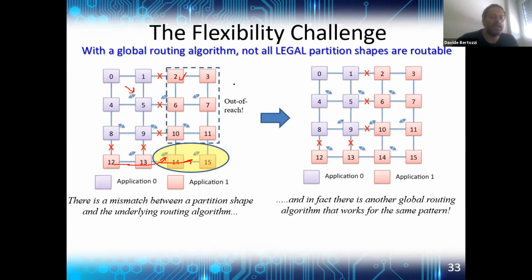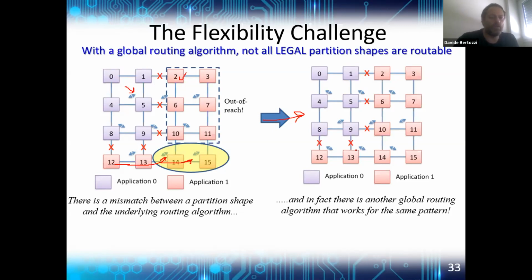In fact, if you change the underlying routing algorithm, for instance by changing the arrows while still preventing the formation of cycles, then these two partition shapes are perfectly compatible, perfectly matching the global routing algorithm.